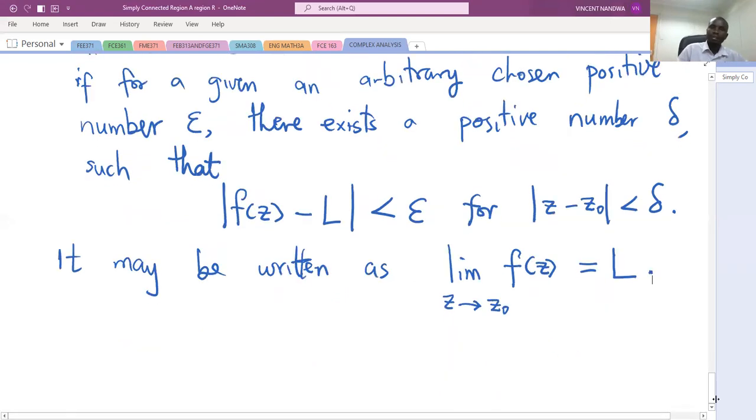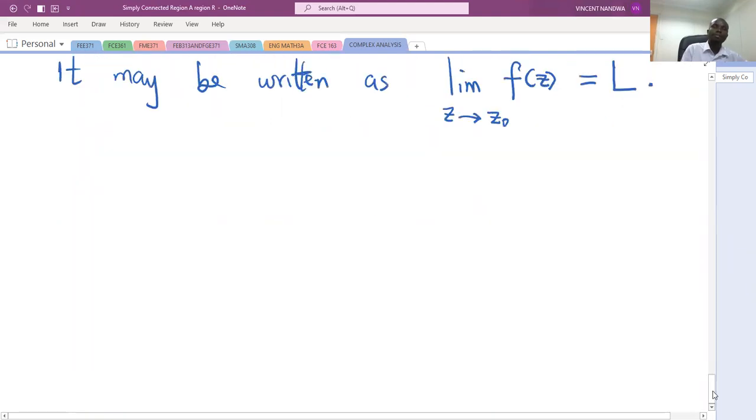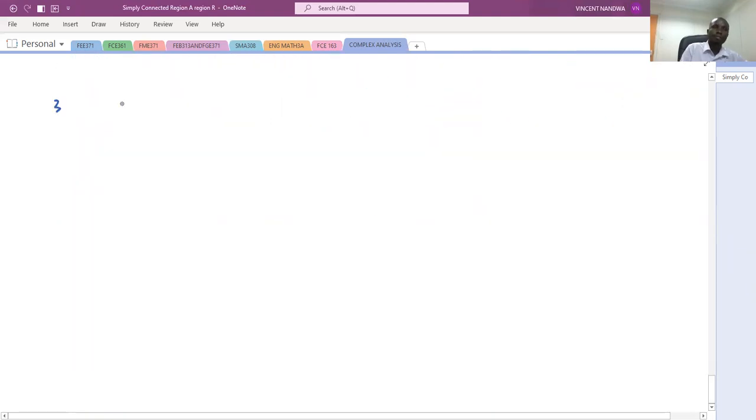Now let's define continuity. When we say that a function f of z is continuous.